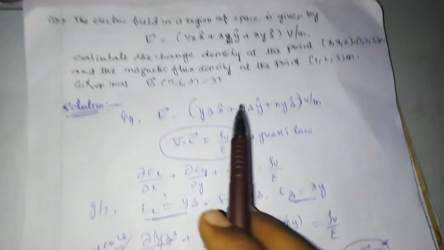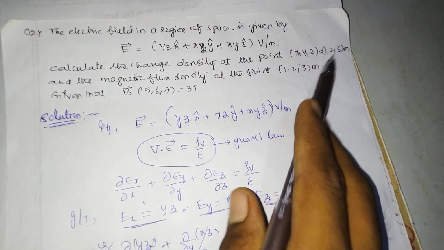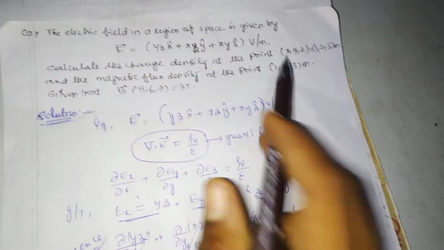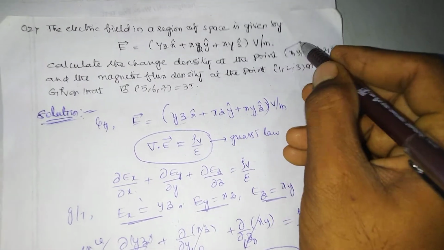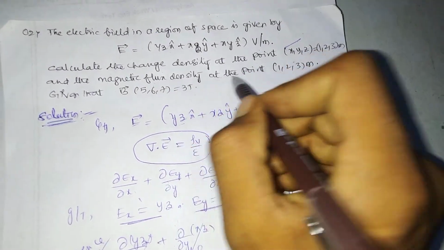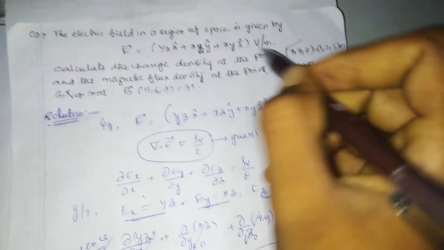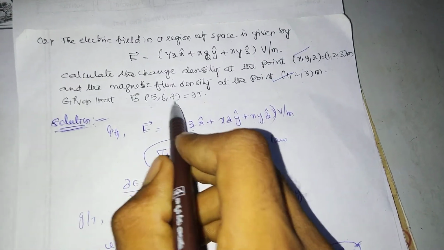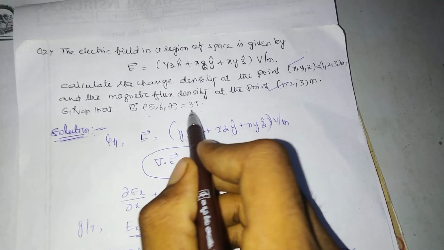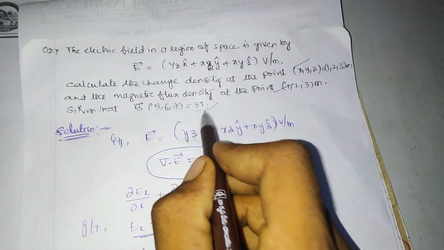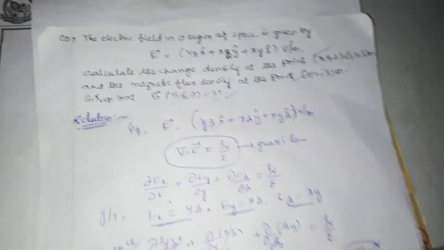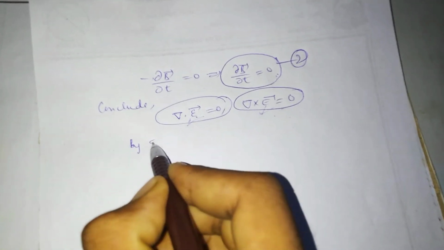So for the given point (1, 2, 3) meters, the charge density at any point is 0, since the divergence is 0, and the curl in the magnetic flux density is 0, right? Given that B at the points (5, 6, 7) is given as 3t, this is given in the question. With the help of this, we do the answer by equation 2.